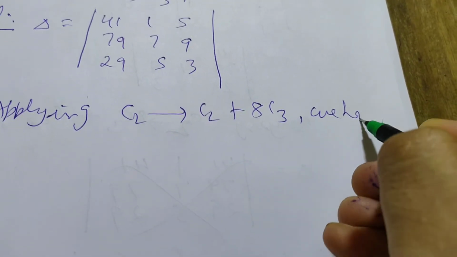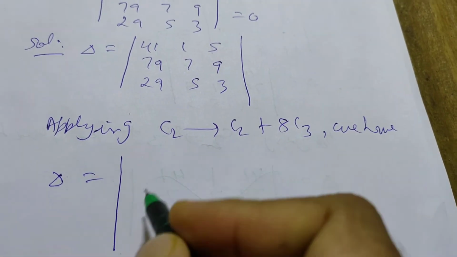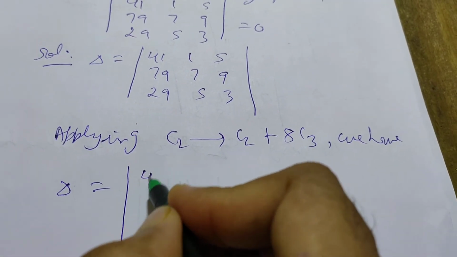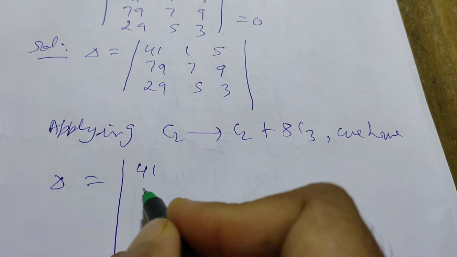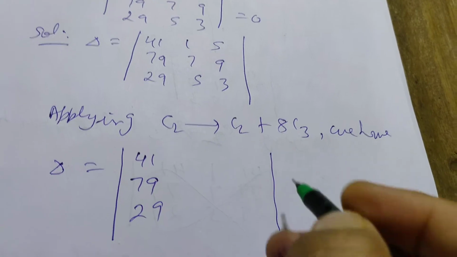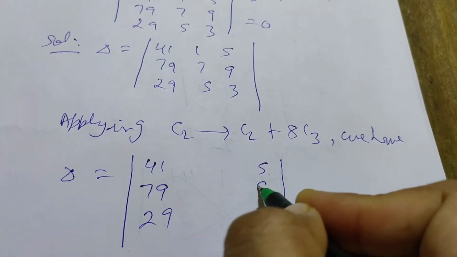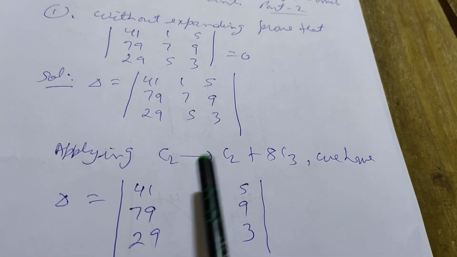We have delta equal to, so column 1 will remain as it is, 41, 79 and 29. Similarly, column 3 will also remain as it is, that is 5, 9 and 3. Now column 2 we have to operate.